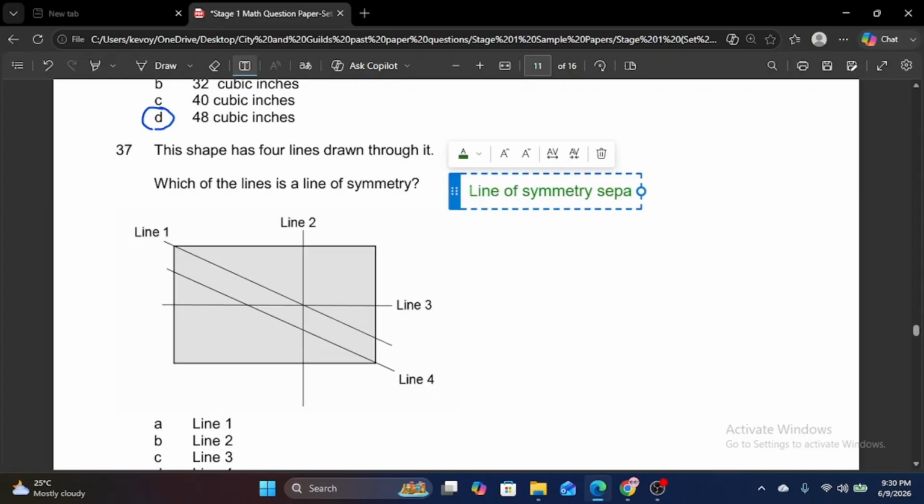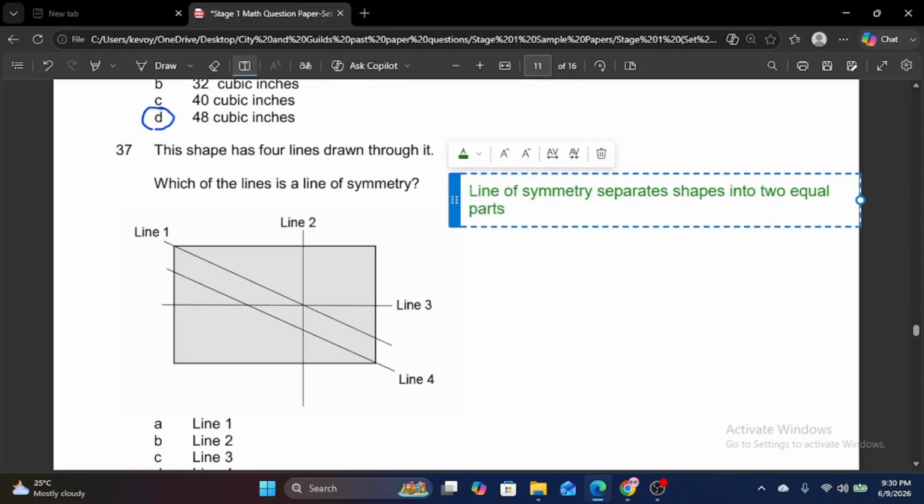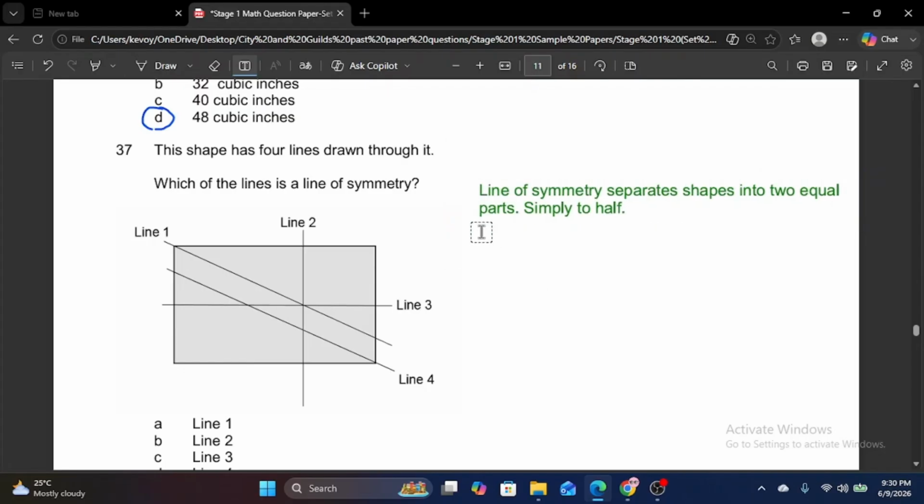So a line of symmetry separates shapes into 2 equal parts, or simply 2 equal halves.